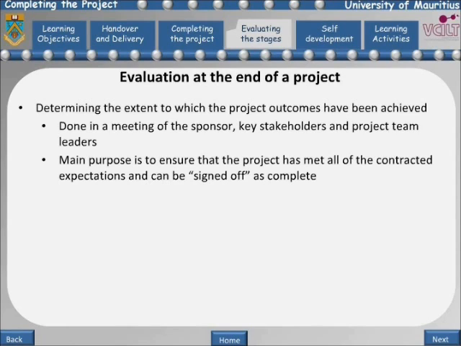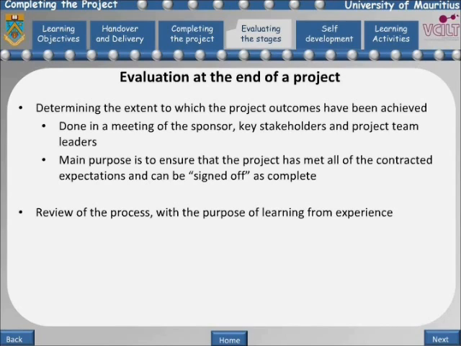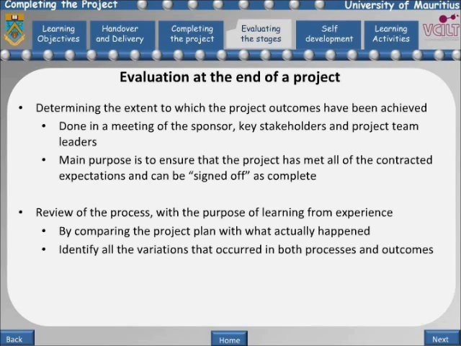as complete. A different type of evaluation may be a review of the process with the purpose of learning from experience. This is often done by comparing the project plan with what actually happened to identify all the variations that occurred in both processes and outcomes.